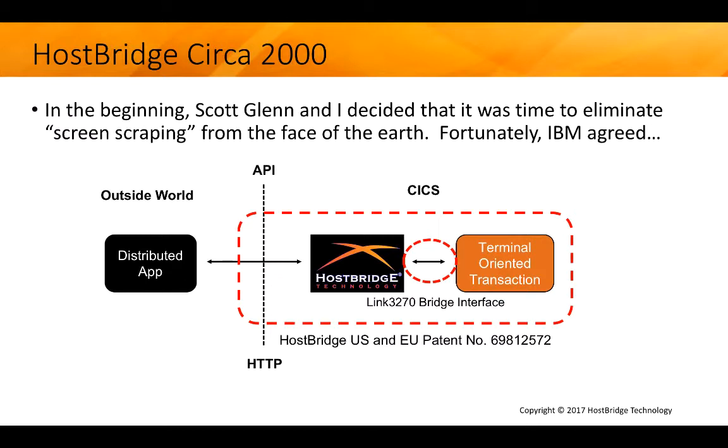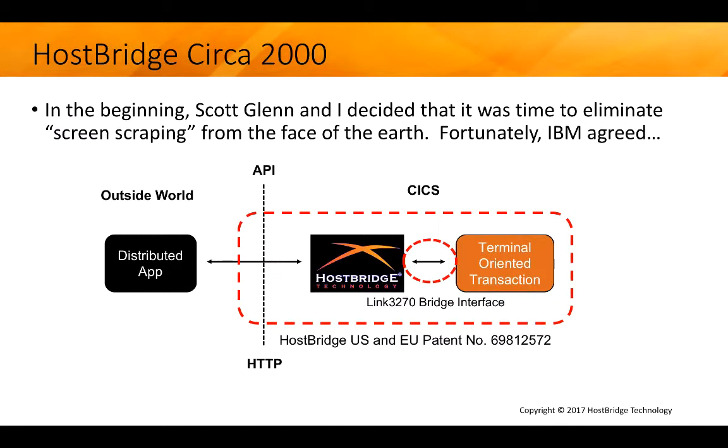As we now know, 17 years later, that was a poor integration technique simply because it made the integration very brittle. If someone with great intentions came along and changed that terminal-oriented application and moved something around on the screen, the integration could break. So the critical thing was making sure that we could accomplish that integration without screen scraping. And that's really where the HostBridge journey began.